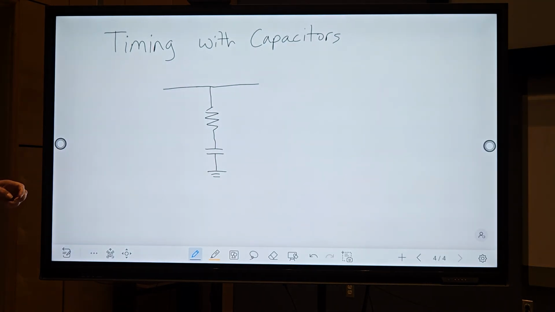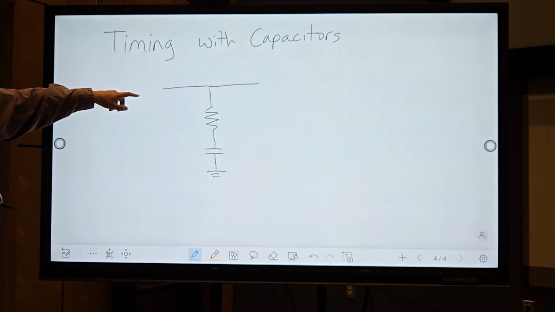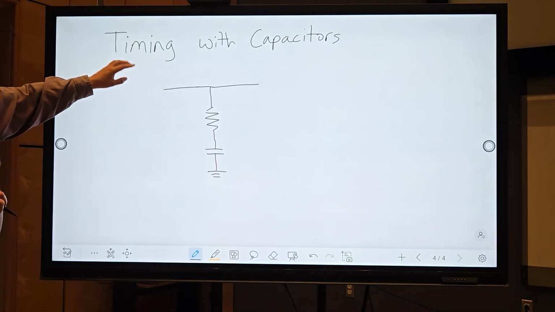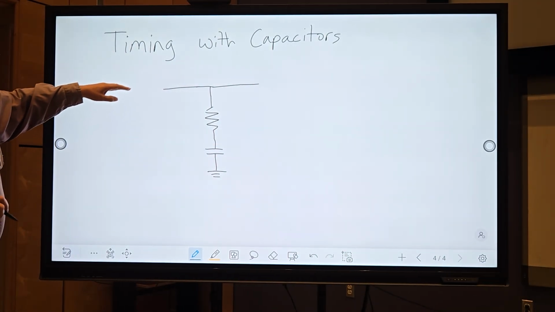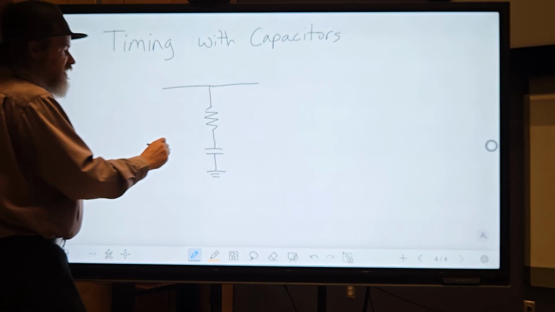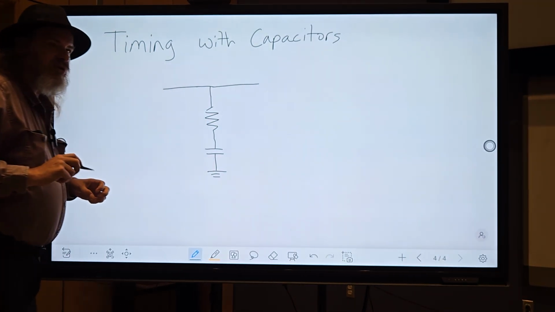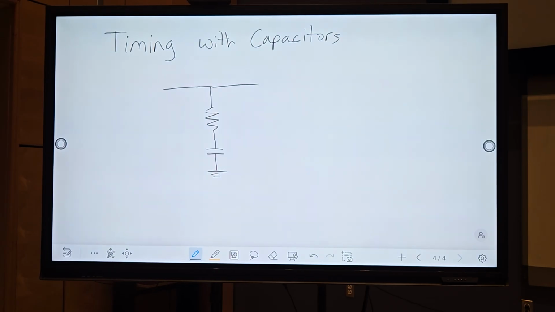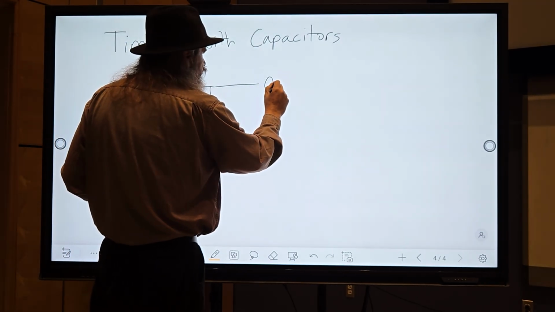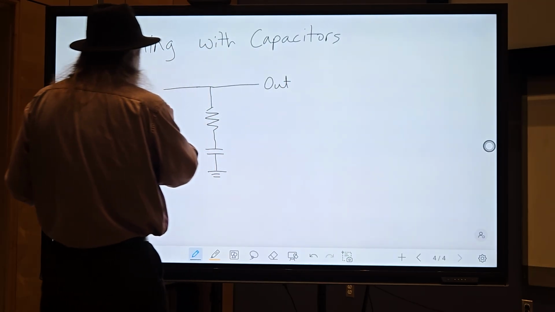If you turn off the current coming in from this direction, the capacitor will discharge and continue producing current on the out for a period of time.